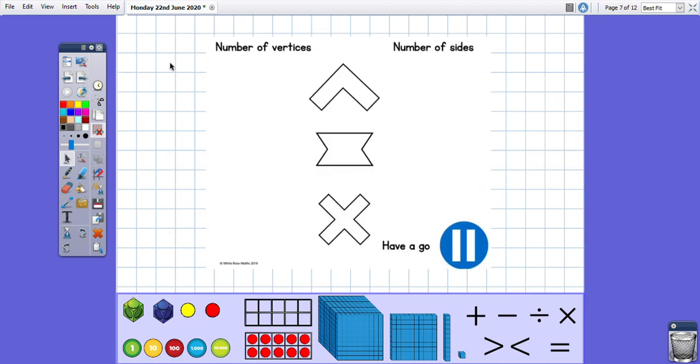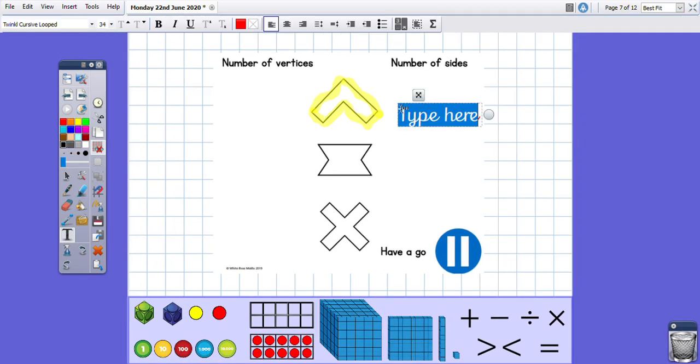Okay, let's have a go at these shapes then. We'll do the first one together and then you're going to pause and do the rest. So you've got 1, oh dear, 2, 3, 4, 5, 6. So this shape has got 6 sides.